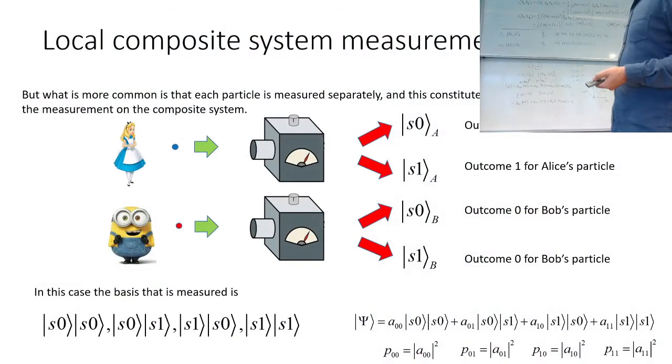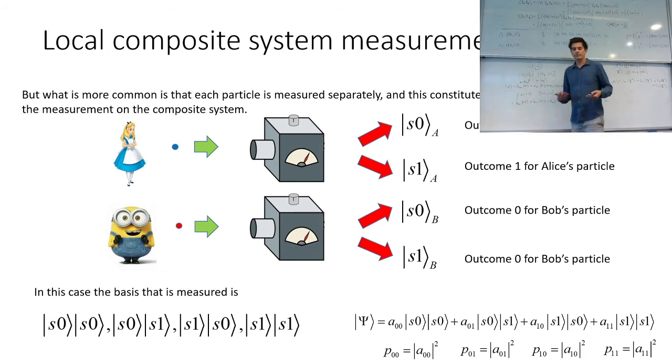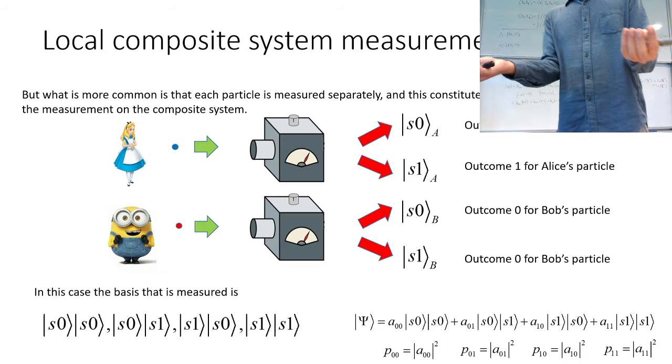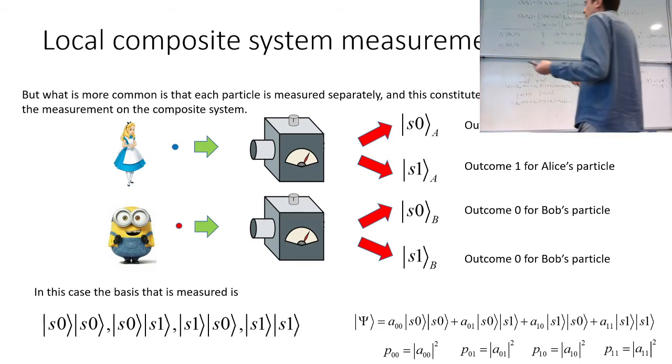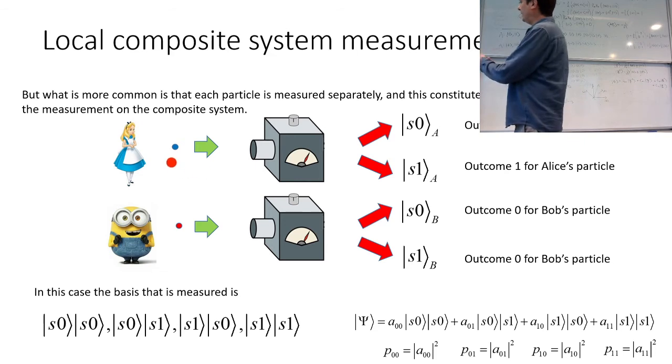But what we often do, and this is more physically motivated because these are separate particles, is that the more common case you encounter is that each of these particles is measured by a separate box, right?